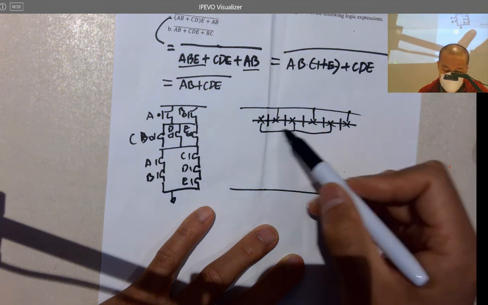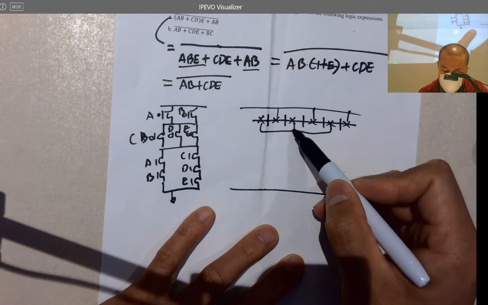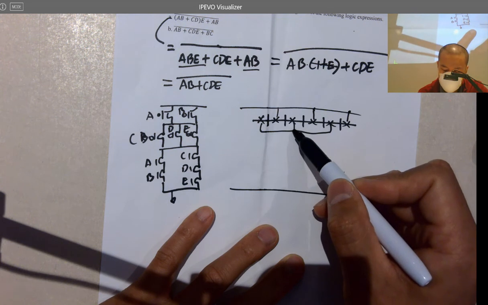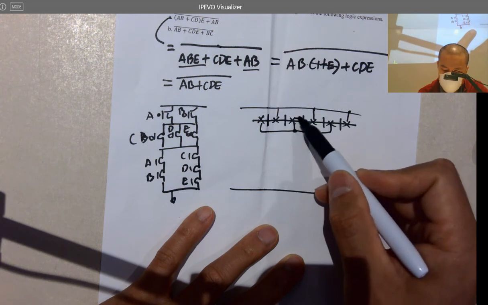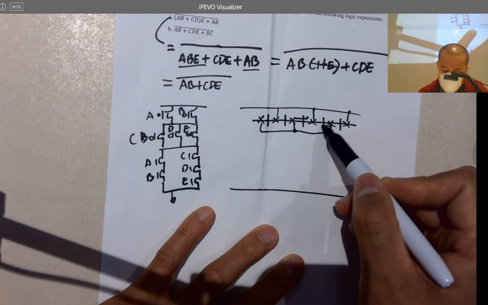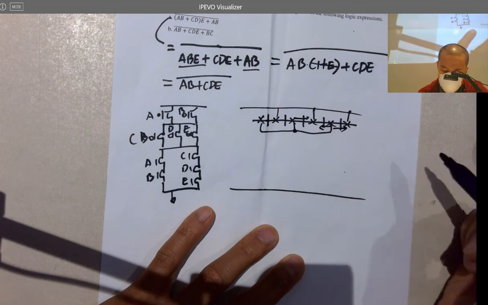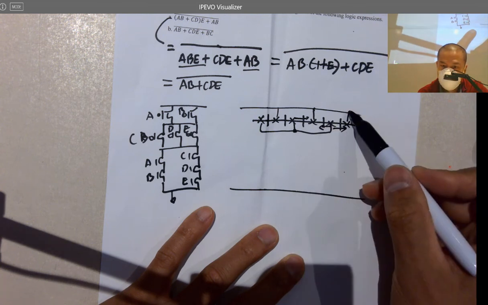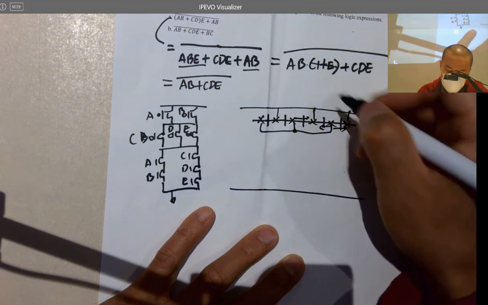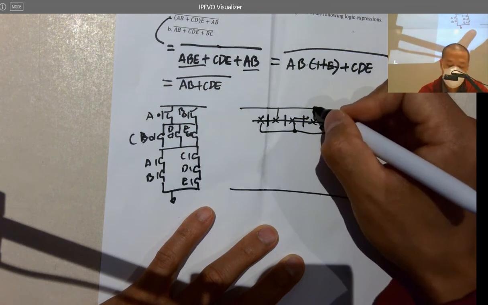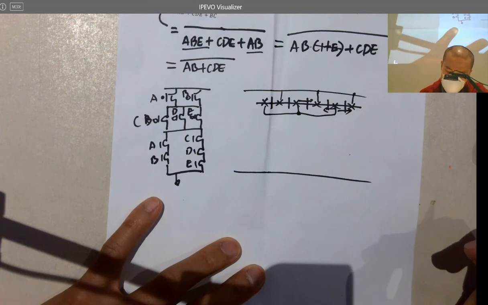So two in parallel and then merge to here. Merge to here, and then it's 1, 2, 3, and merged to the power supply, which is wrong. So this won't work.